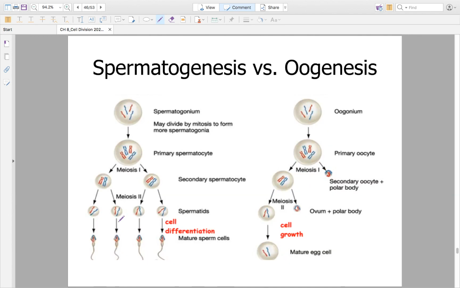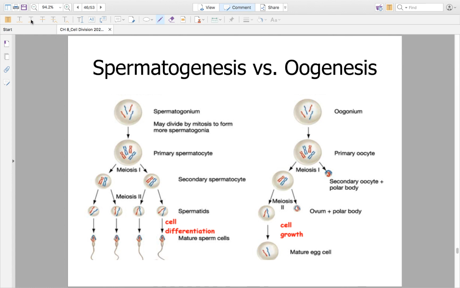All right, now ultimately, we talked about how meiosis is the formation of the gamete sex cells, which is true. Now, once the meiosis has occurred, there has to be further maturation of the cells.